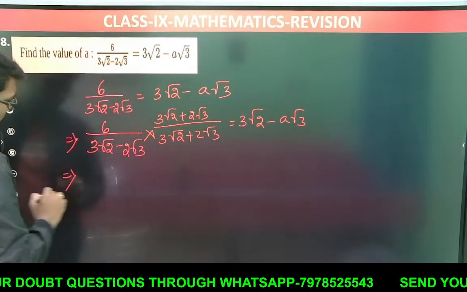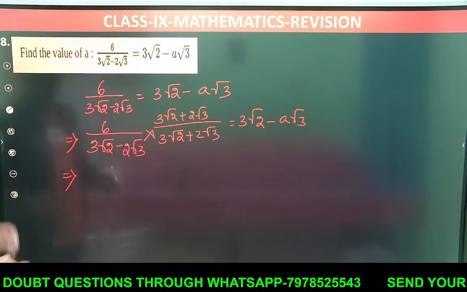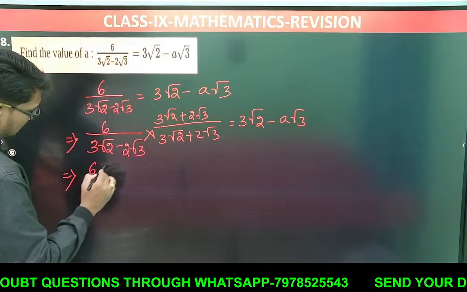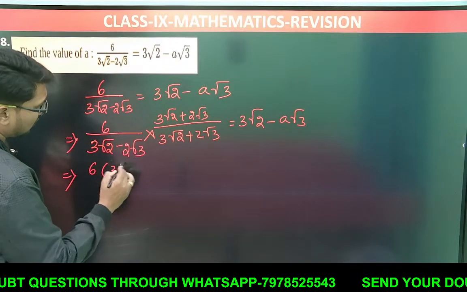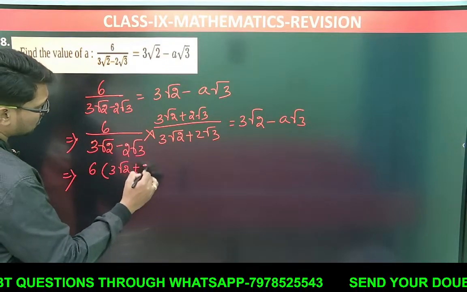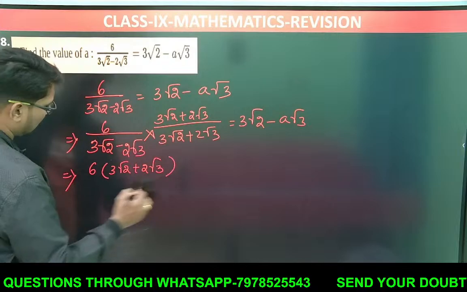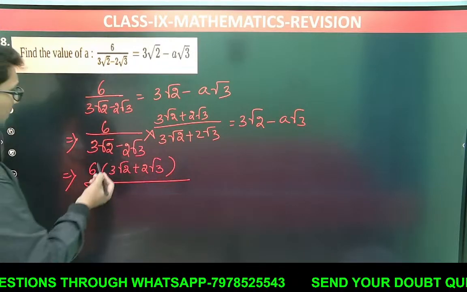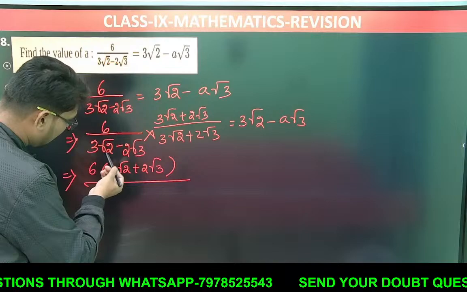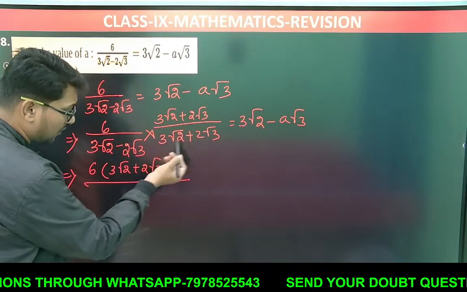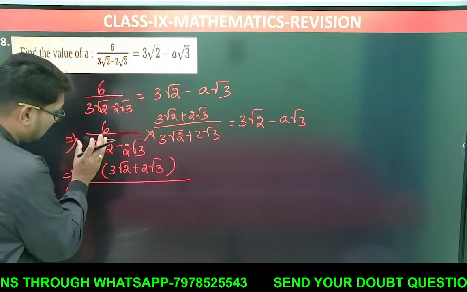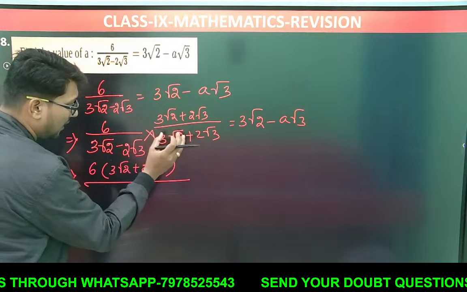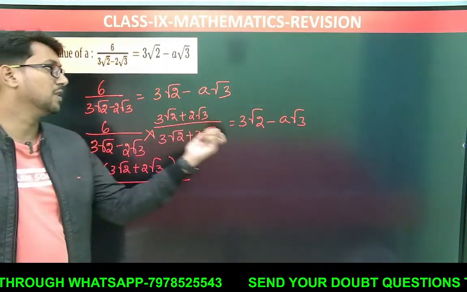Let us check what the left hand side becomes. The numerator is 6 into 3 root 2 plus 2 root 3. What about the denominator? This is like a, this is b. Here a minus b, there a plus b.